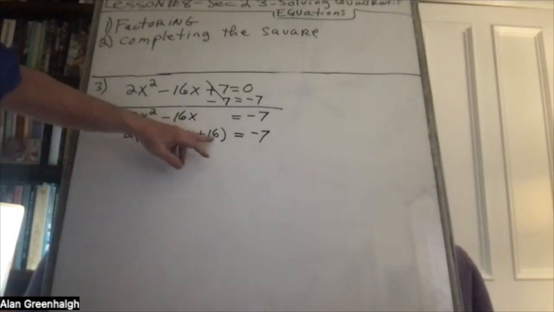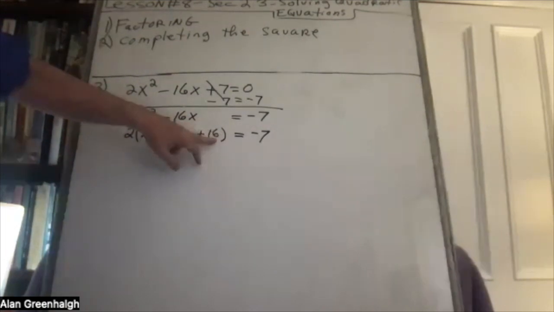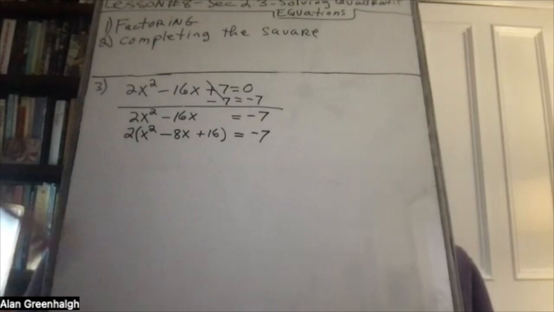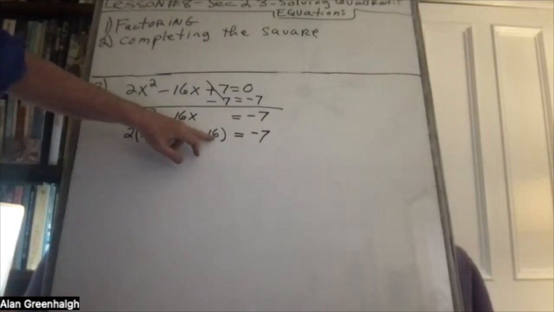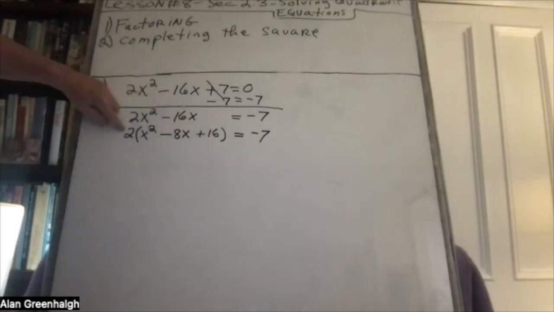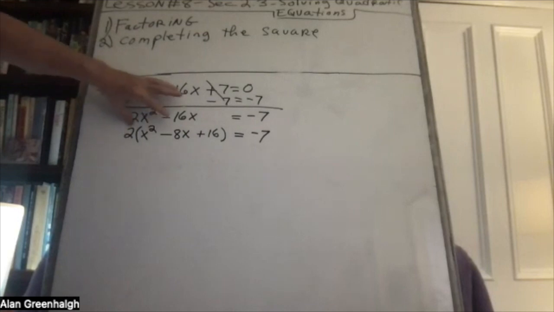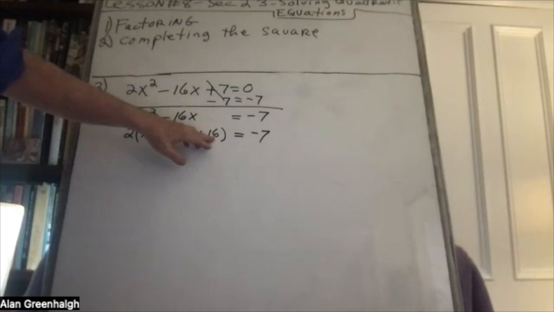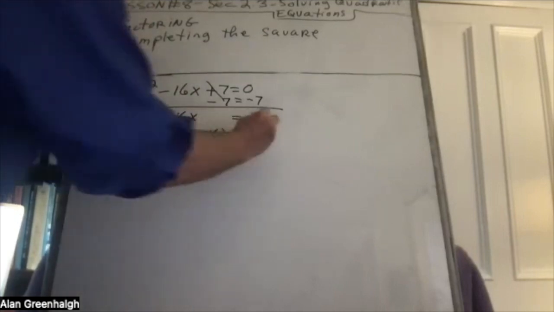But we can't just add a number to the left without also adding the number to the right. But we're not just adding the 16 because there's a 2 in front here. We're actually adding to this side of the equation not a 16, but 2 times 16, which is 32.